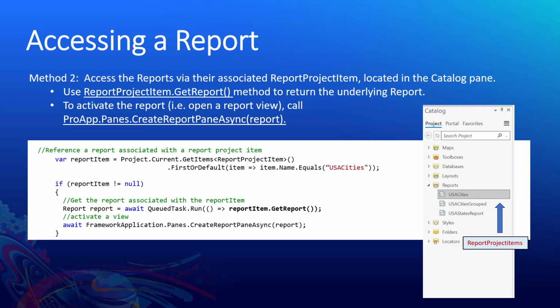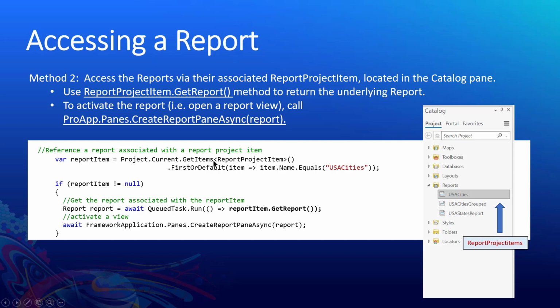You can also access a report from the associated report project item located in the catalog pane. Use the report project item's GetReport method to return the underlying report object. To open this report object in Pro, call the CreateReportPaneAsync method available on the ProAppPanes class. Here in this code snippet, I first query all the report project items in my current project using the GetItems method.